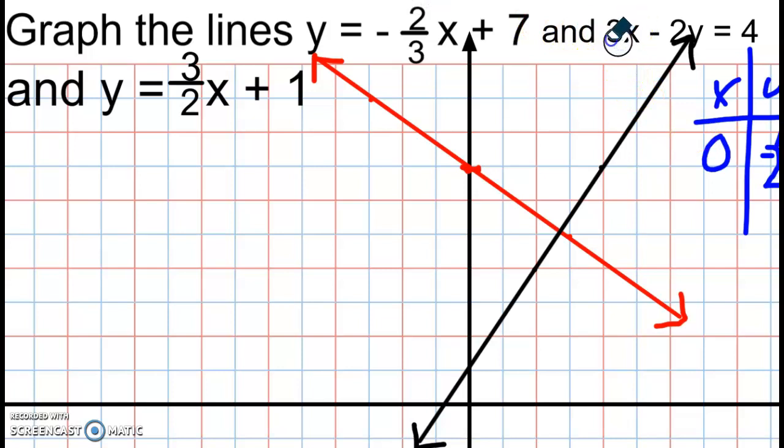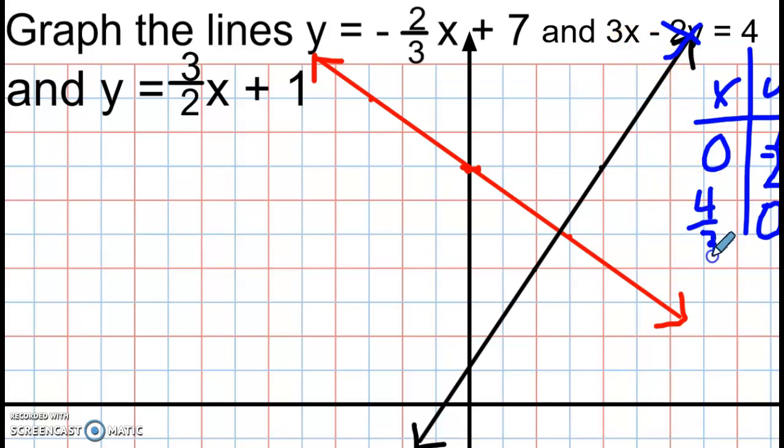And then I'm going to do the same thing. I'm going to put 0 in for y this time. Okay? If I put 0 in for y, it looks like I have 4 divided by 3 as the x, which is 1 1/3.